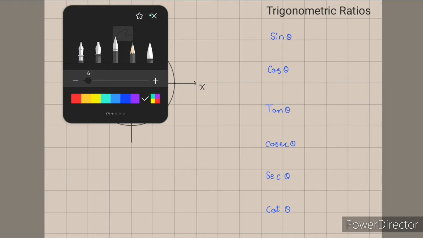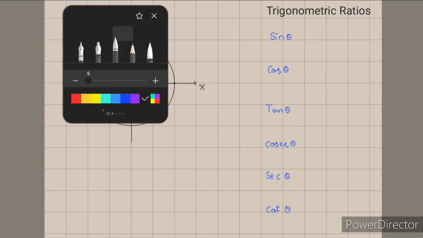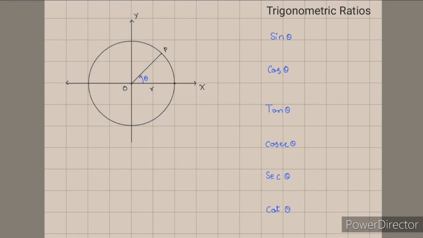Now we need to draw a perpendicular from P to the x-axis. Let's say this intersection point is M. Now this angle at M is 90 degrees because PM is perpendicular to OM. The length of OP is nothing but the radius of the circle, which is r.